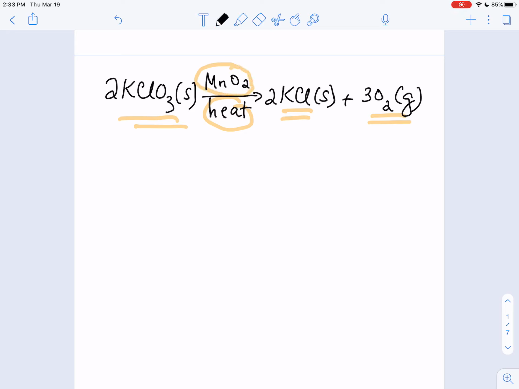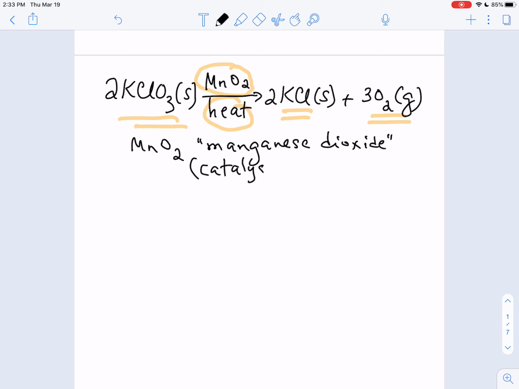This substance here, MnO2, we're going to call it, although it's probably not the correct name according to our rules of nomenclature, has a common name, manganese dioxide, and it is meant to be used as what's called a catalyst. A catalyst is a substance that helps the reaction move at a faster rate without itself being consumed in the process.